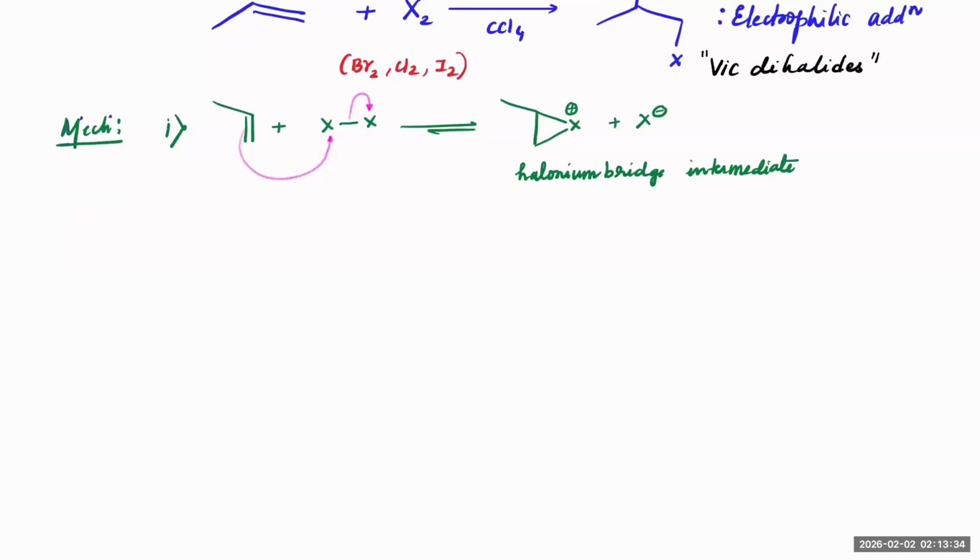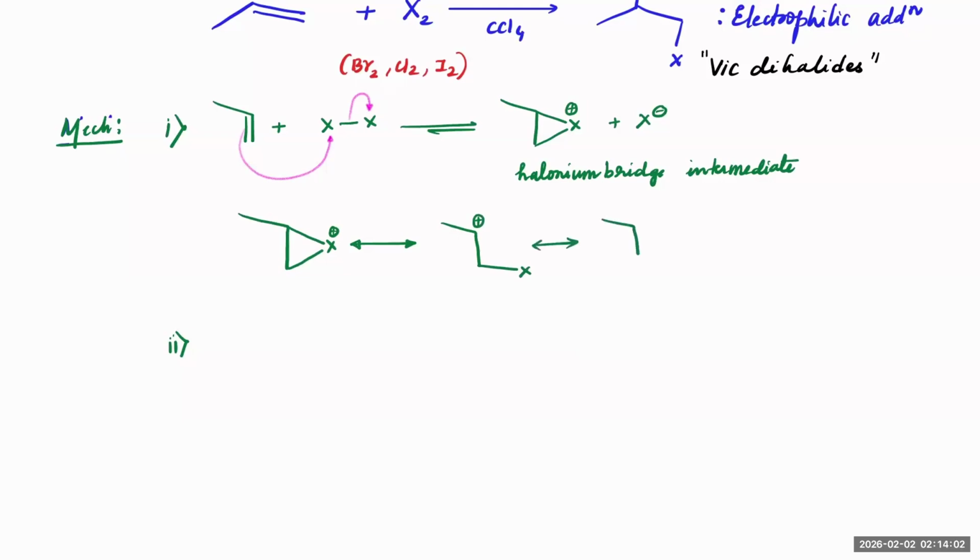And the next step, the second step is once we get a... see, before the second step, let me show you what the resonating structures are here. Because it has a positive charge, you can expect this will break a bond once, and on this end you get a positive charge.